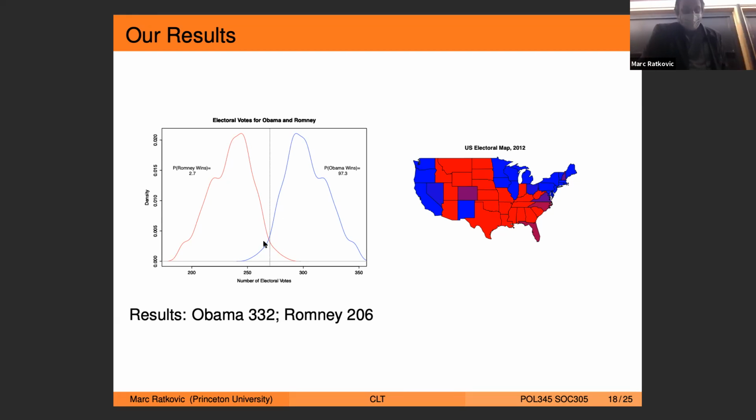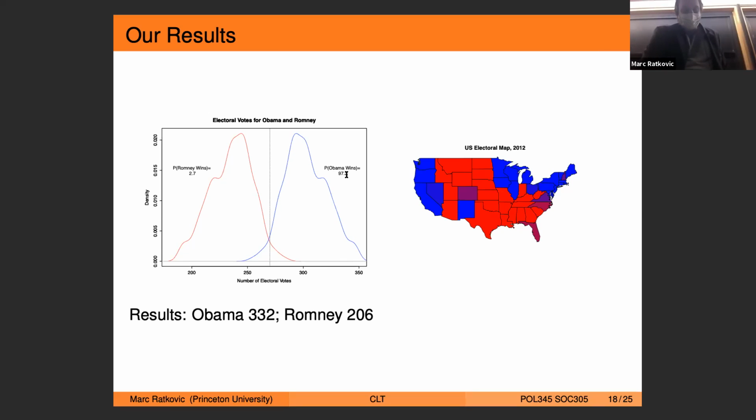And if you look at the data from that cycle, Obama won 332, Romney got 206. So for each election that we ran, each pseudo election that we simulated from the polling data, we could add up the electoral votes at the bottom and just see who won. This is the distribution of electoral votes for Obama and for Romney in that cycle.